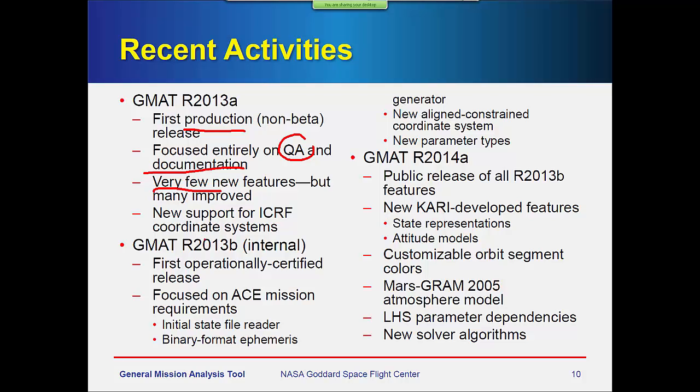That was the goal of 2013A. 2013B was an internal release, specifically for ACE mission operations. We added a few little features that are useful for ops work: Code 500 ephemeris, a reader for initial states, GTDS VHF file reader, a specific coordinate system ACE needed, some new parameters.